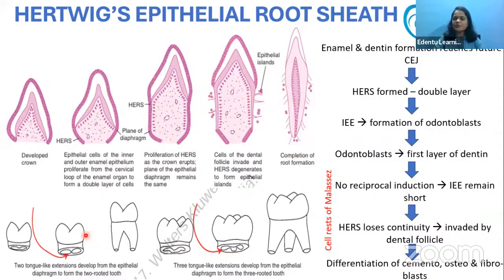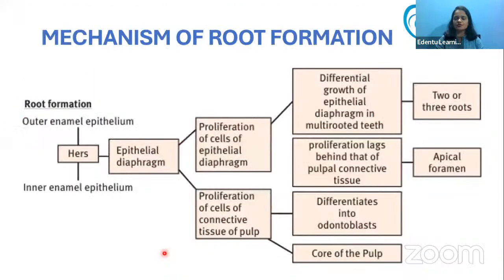But in the case of a multi-rooted tooth, like a mandibular molar or maxillary molars, from the epithelial diaphragm there will be tongue-like extensions. In the case of two-rooted teeth, there will be two tongue-like extensions. In the case of three-rooted teeth, like the maxillary molars, there will be three tongue-like extensions, and the root will develop around them. So that is the general mechanism of the Hertwig's epithelial root sheath and root formation.